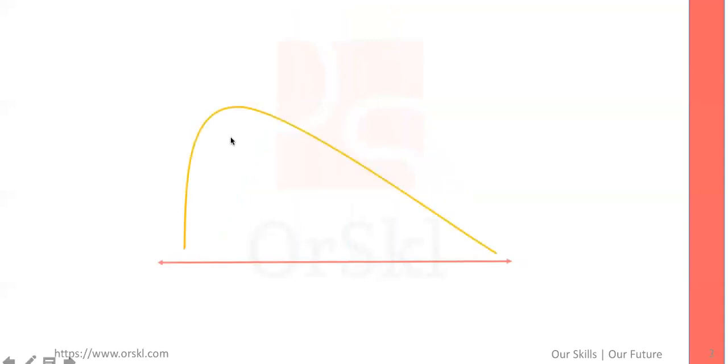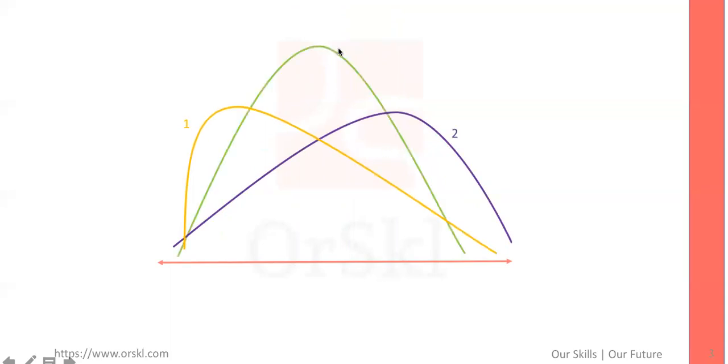You see the data might not be exactly symmetric over the mean. You can see curves like this. You can also see curves like this in real time. And you can also see curves like this, which is called normal distribution. Consider this is the mean value of the third data set, that is normal distribution.